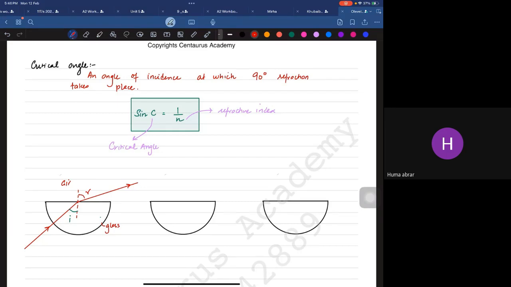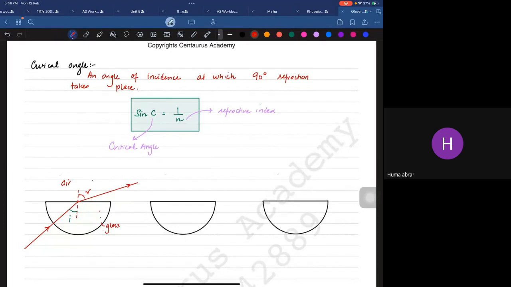So what I was saying is that generally the ray goes from glass to air, so it bends away from the normal, as we've learned already.